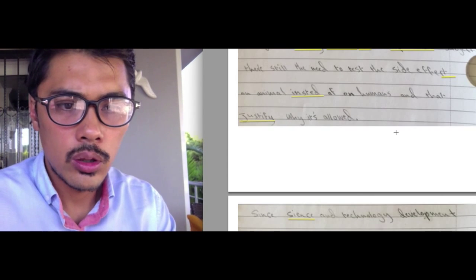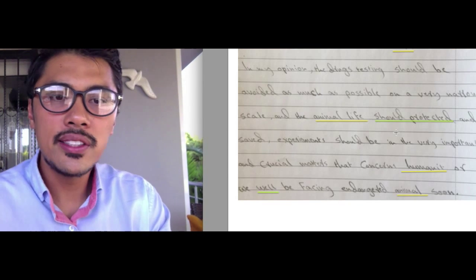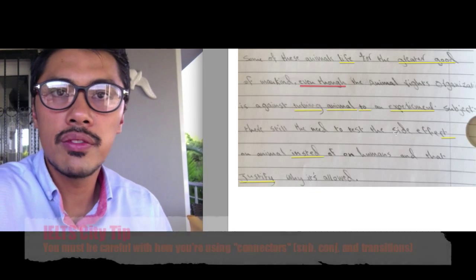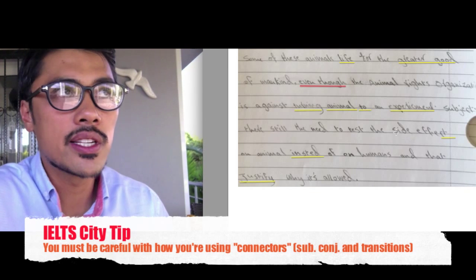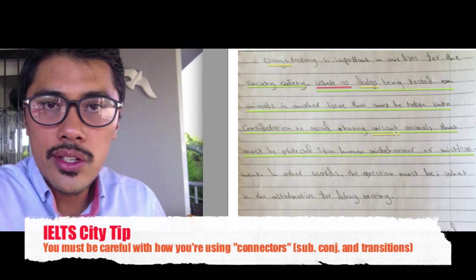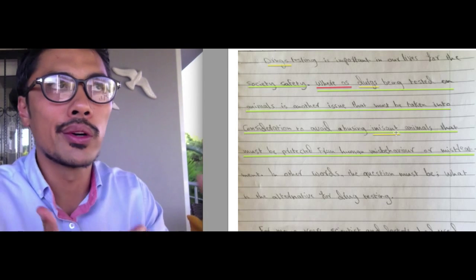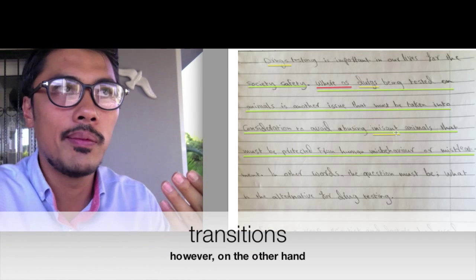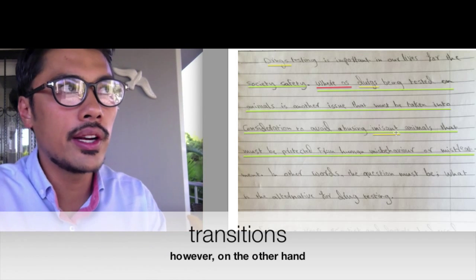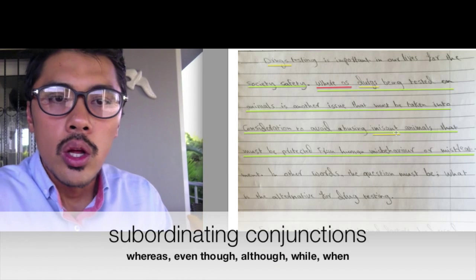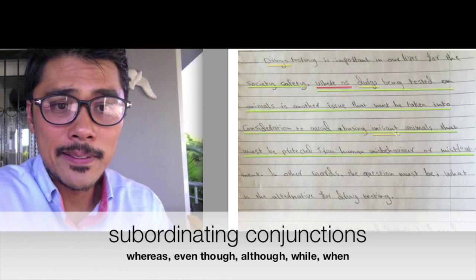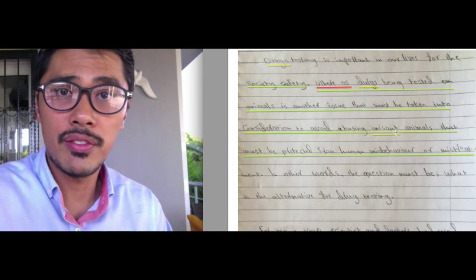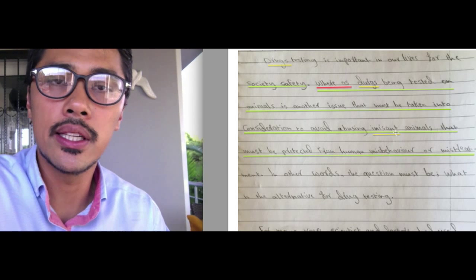The point is, all your cohesive devices, and by cohesive devices I'm basically referring to subordinating conjunctions and transitions. These are the big words teachers use. But those words like however, whereas, on the other hand, furthermore, all of your cohesive devices are used incorrectly.